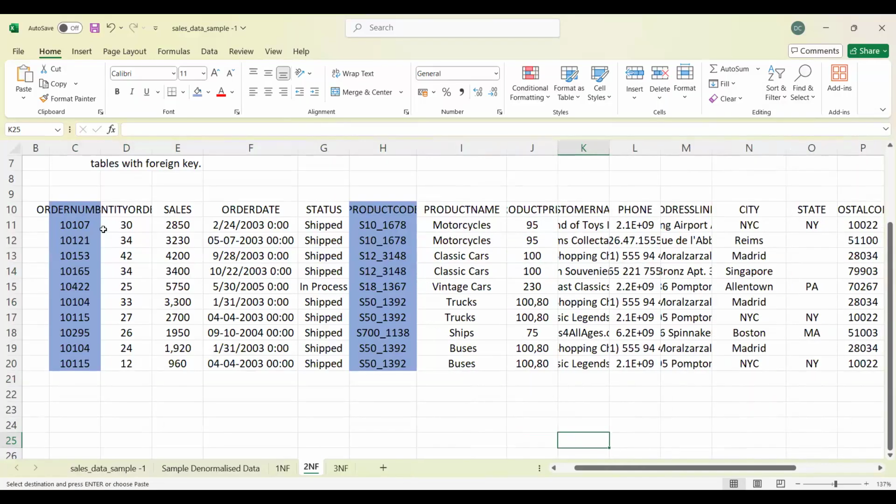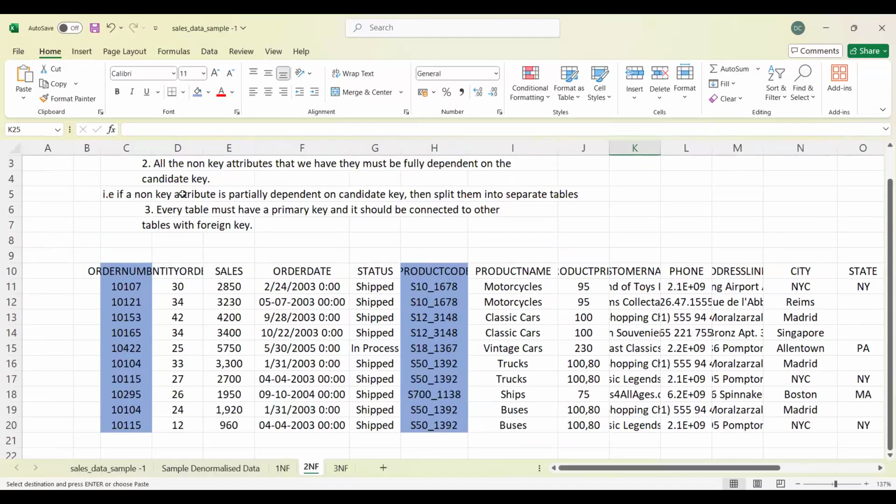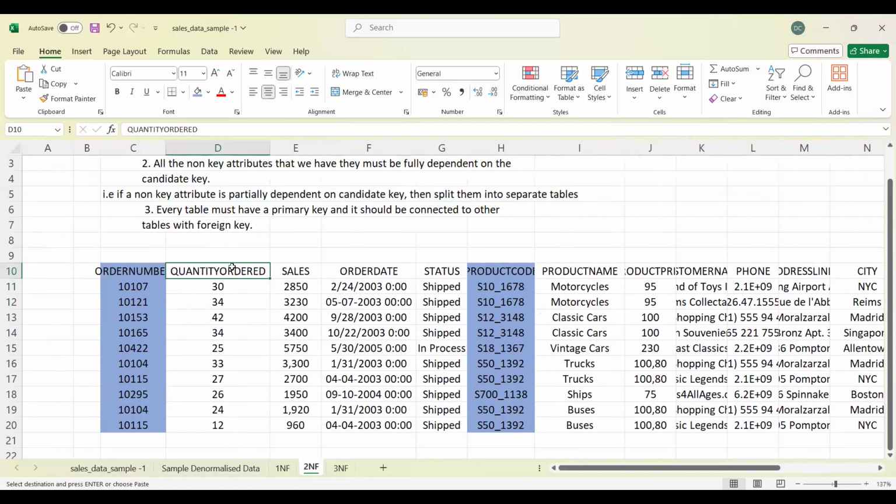So now I will divide this data. 2NF states that if non-key attributes are partially dependent on the candidate key, then split them into separate tables. What are all the non-key columns we have? These are all the non-key columns: quantity ordered, sales, order date, status.